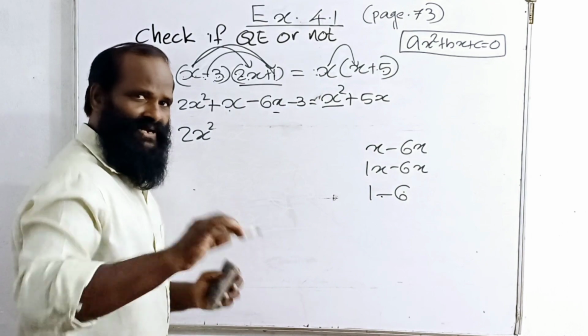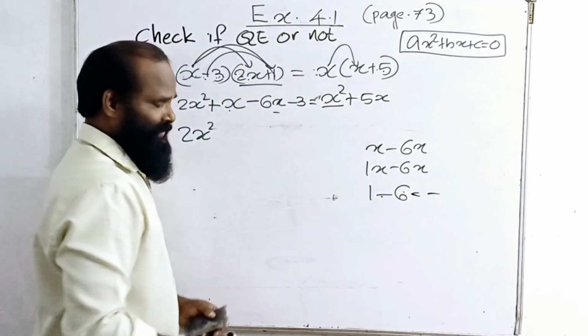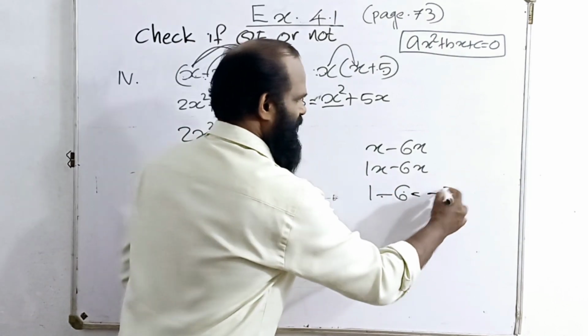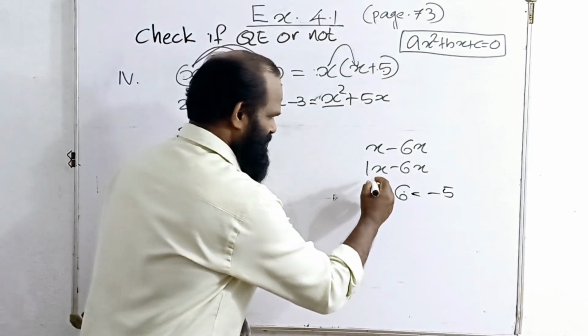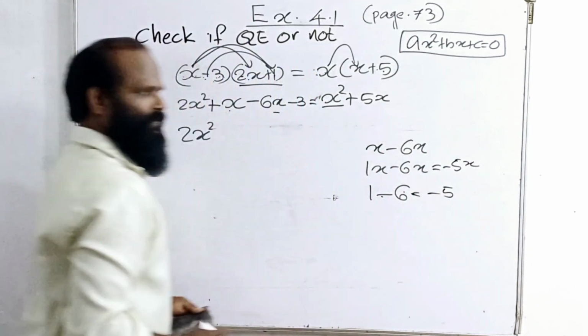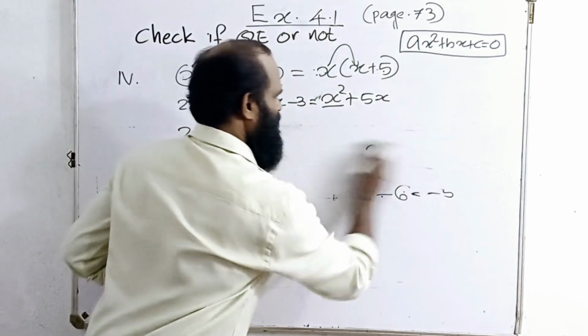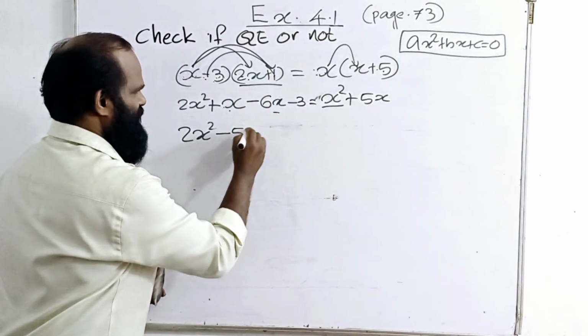When a bigger number is subtracted from a smaller number, the answer should always be negative. Now subtract the numbers. 6 minus 1 is 5. So 1 minus 6 is negative 5. That means 1x minus 6x is negative 5x. So we write it: 1x minus 6x is negative 5x.